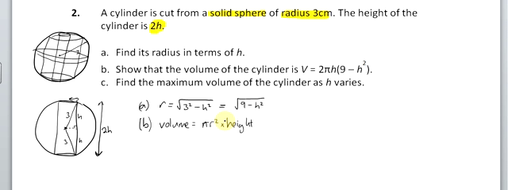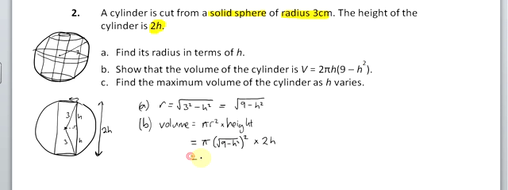Now, we know the height is 2h, and we know the radius is this. So the volume is equal to pi times the square root of 9 minus h squared, squared, times the height, which is 2h.